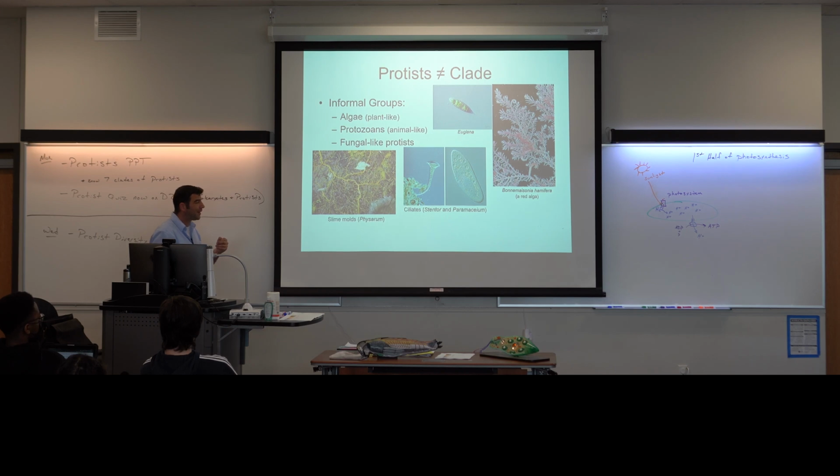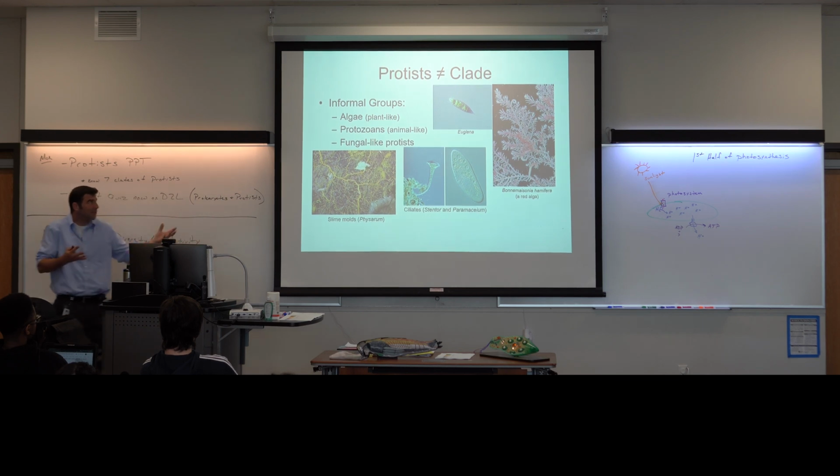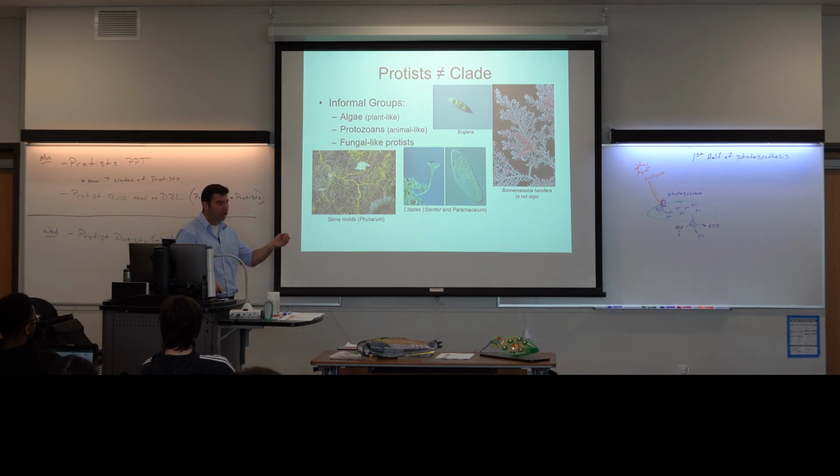There are plant-like protists, and you typically get one blanket term that describes all of them, and they're just called algae. But we can see there's a bunch of different types of algae: green algae, red algae, brown algae, golden algae. When you hear the word algae, you're thinking of a protist that is like a plant, it's photosynthetic.